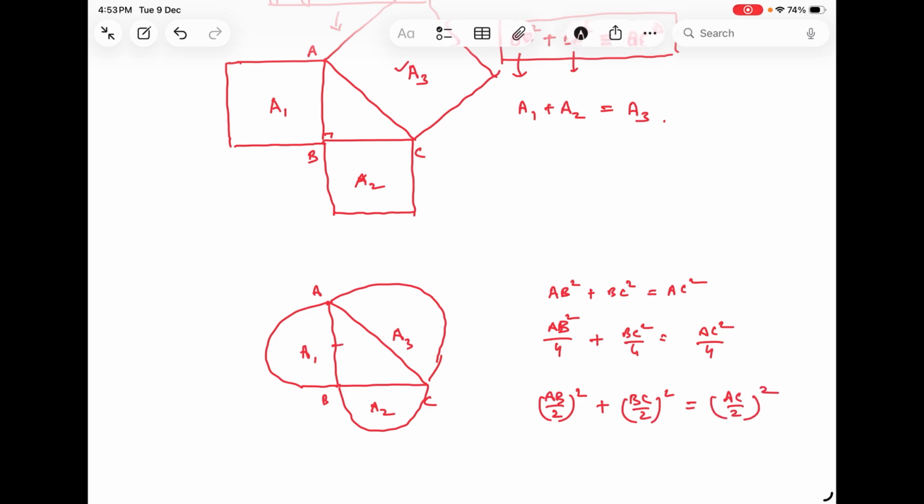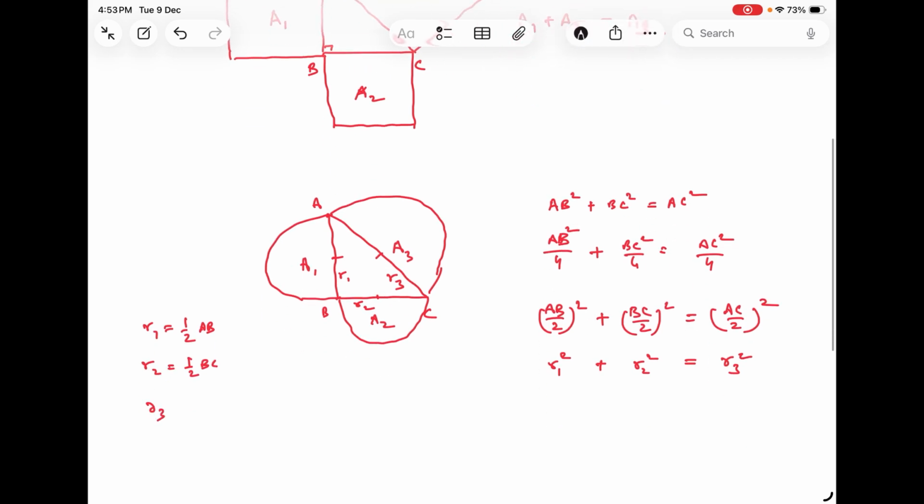So if I take the radius of semicircle 1 as R1, this as R2 and this as R3, I've got that R1 square plus R2 square is equal to R3 square. Why have I taken R1? Because R1 is half of AB, right? R2 is equal to half of BC and similarly R3 is equal to half of AC.